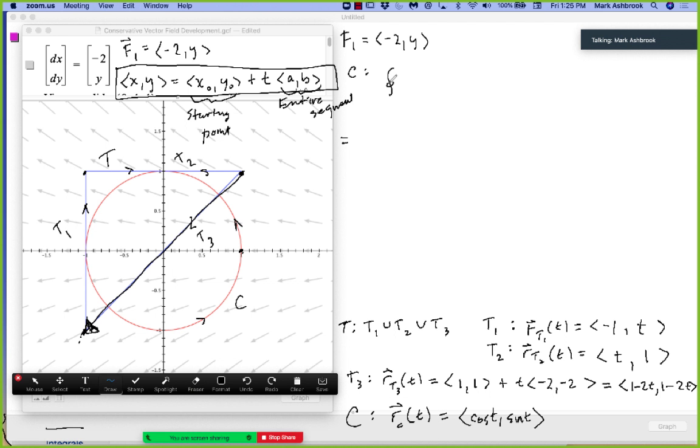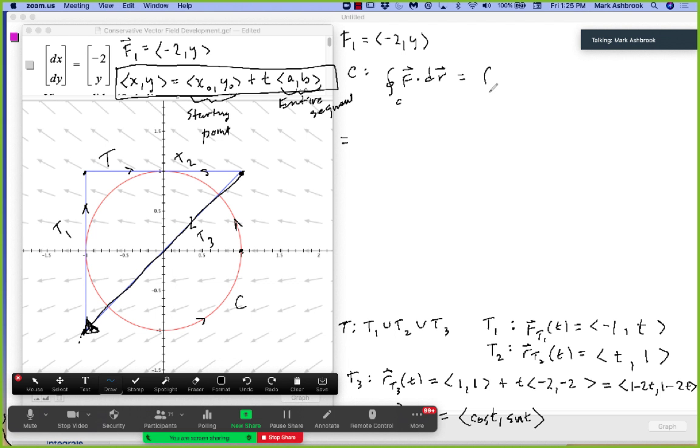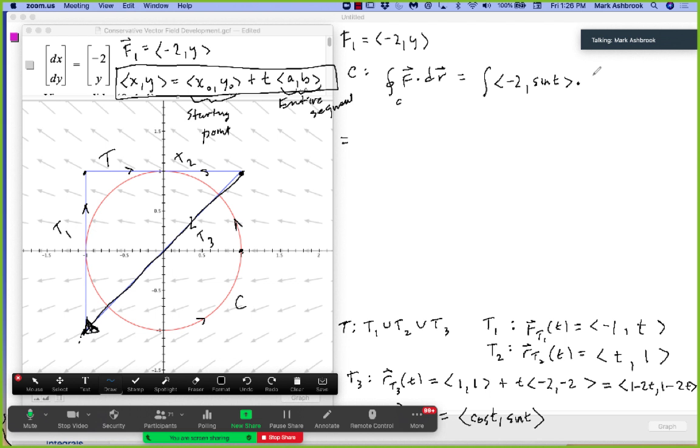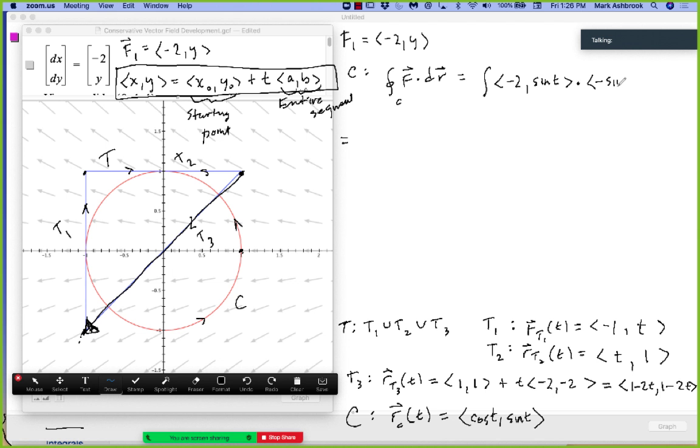So we're going to go around the circulation line integral. And so here we go. F is still -2y. And then what about for C? -2, sine t dot dr, negative sine, positive cosine dt.